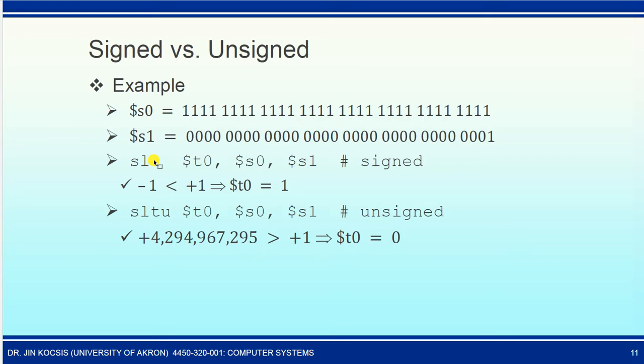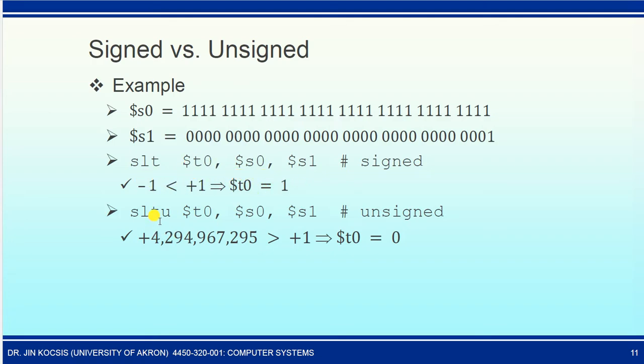If I use set on less than, it means I assume the source operands can be negative. Therefore, S0 will be a negative number, right? Because the sign bit is 1. And we also know S1 is a positive number because the sign bit is 0. Therefore, I know S0 is less than S1. Because of that, T0 will be assigned 1, which is demonstrated here.